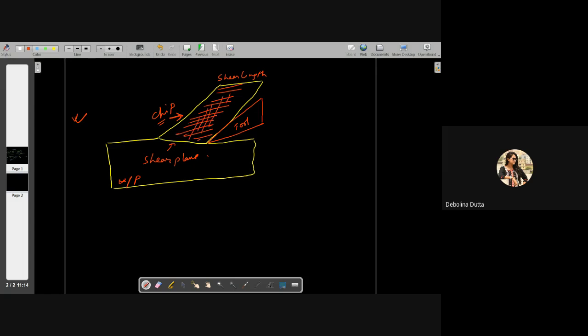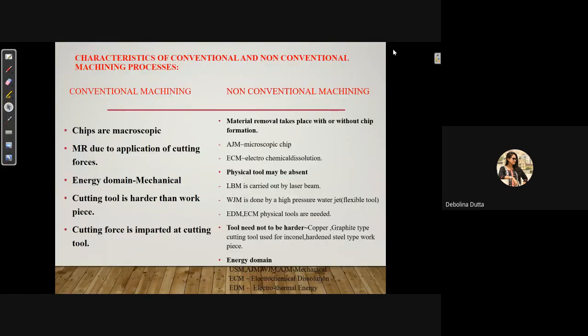Take any conventional machining process, and you won't find one where chips are not formed. Whereas in non-conventional machining processes, in some machining chips form, but they are microscopic. For example, in abrasive jet machining, AJM, chip formation is there, but the chips are microscopic in nature.